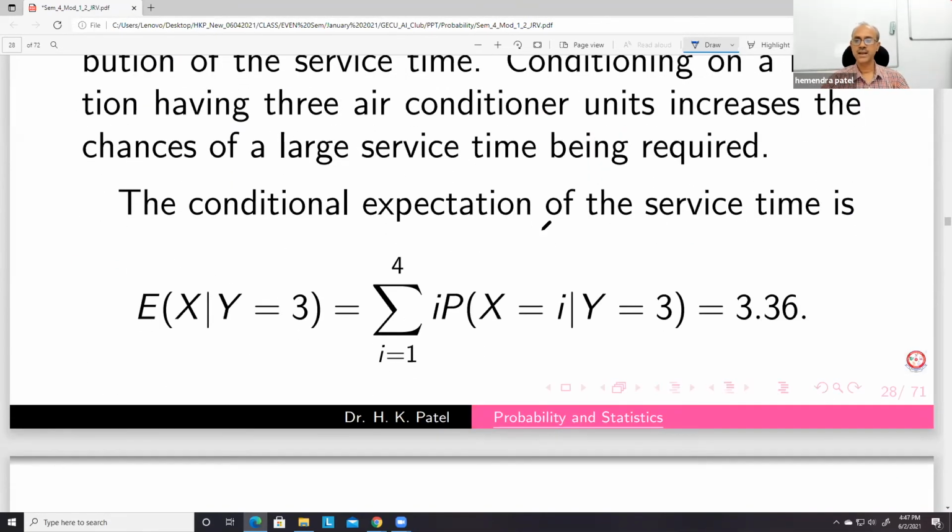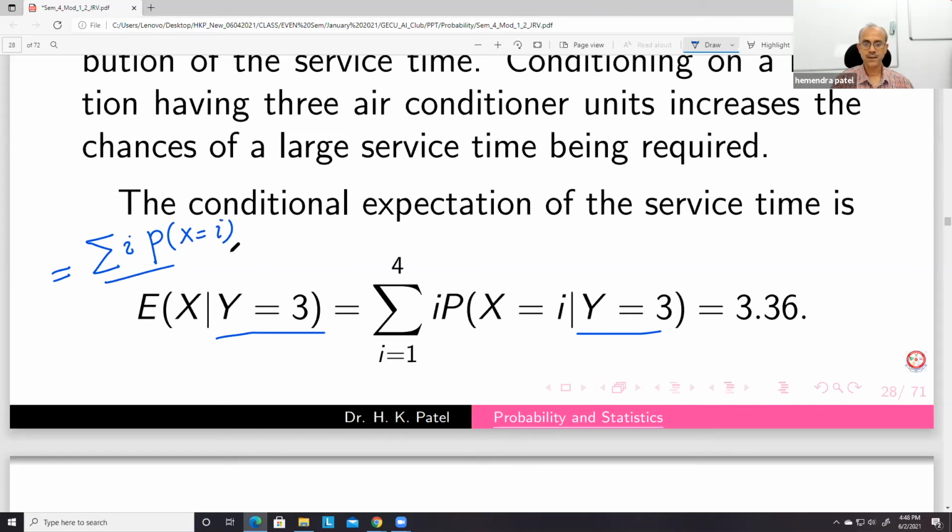So the conditional expectation of the service time. If you want to find the expected value for a given condition, y is equal to 3, okay, so y is equal to 3 will be fixed. Otherwise, if there is no condition, then the value is what we have seen, simply i P X is equal to i.